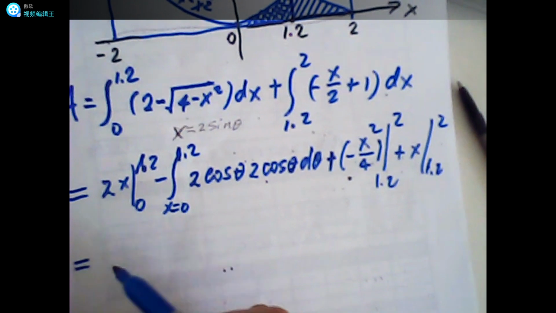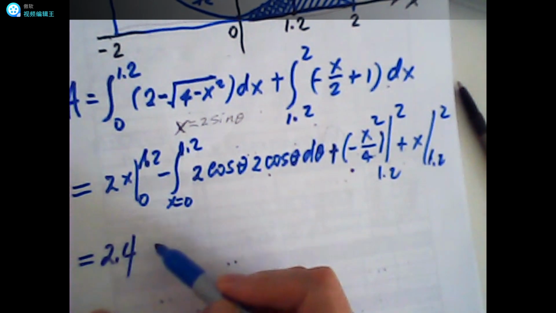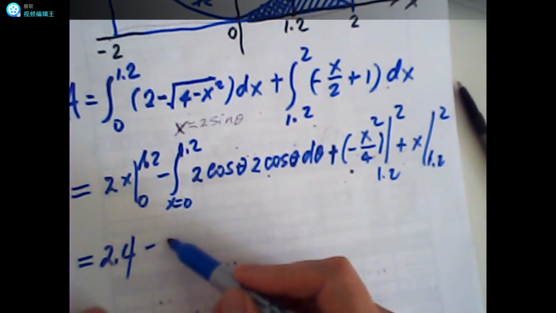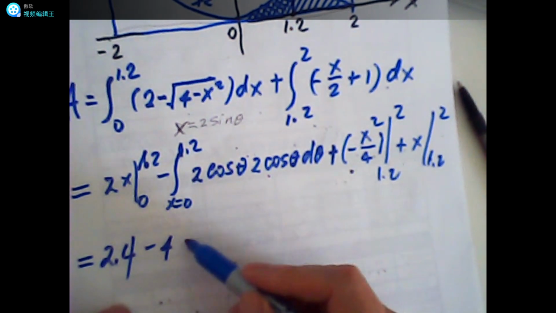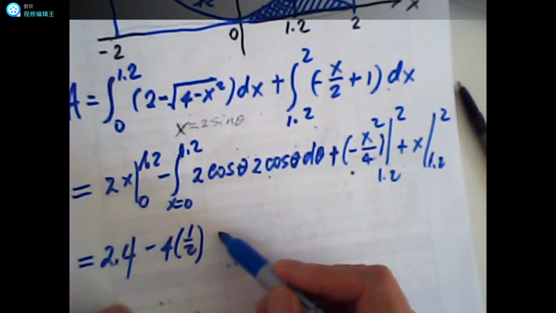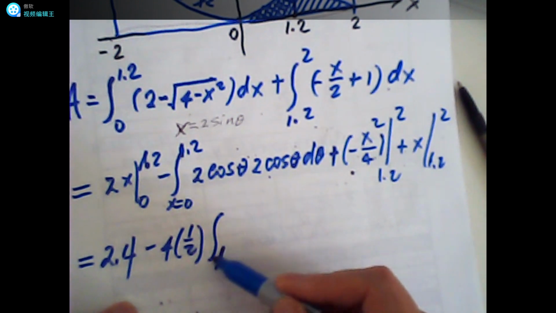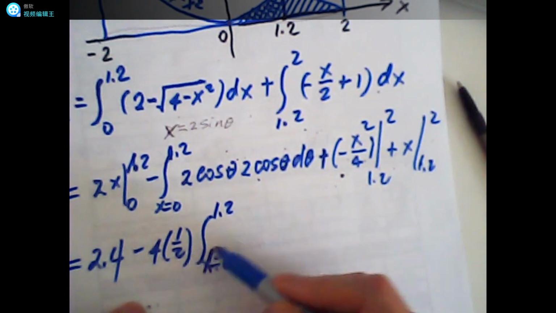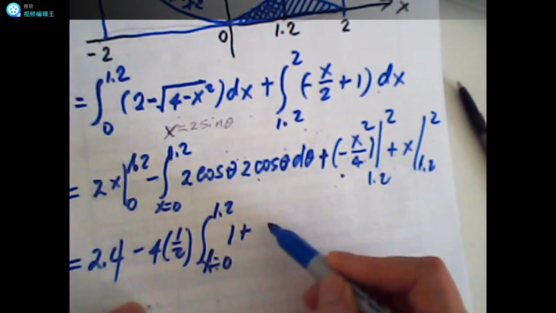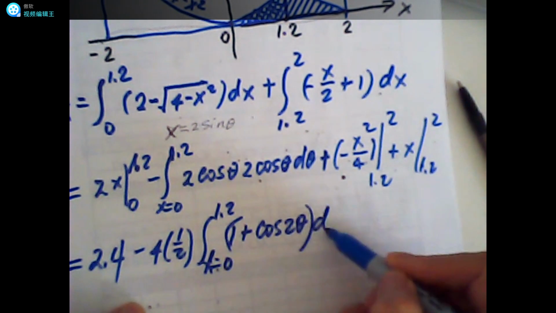And this one is equal to 4 times cosine squared, and cosine squared is a half: the integral of x from 0 to 1.2, x naught theta naught, half times 1 plus cosine 2 theta, d theta.